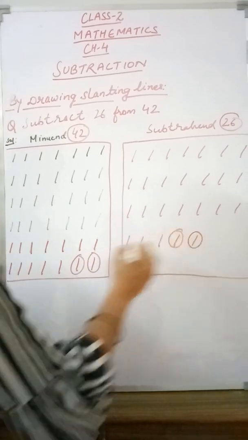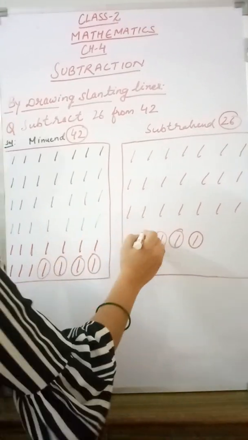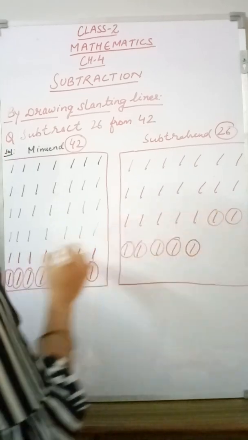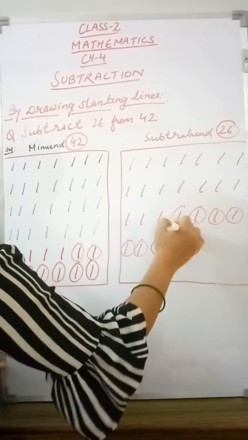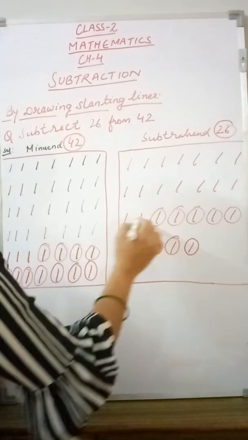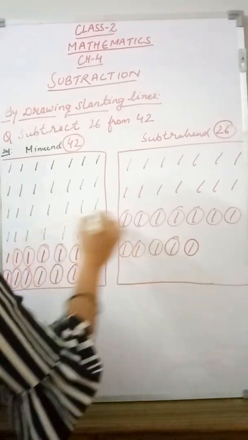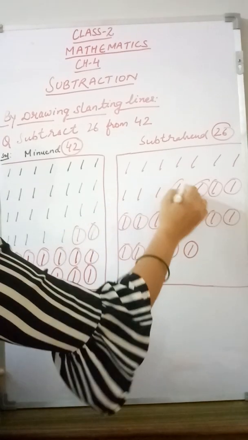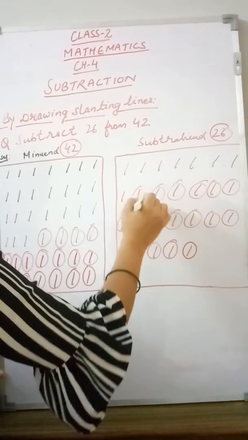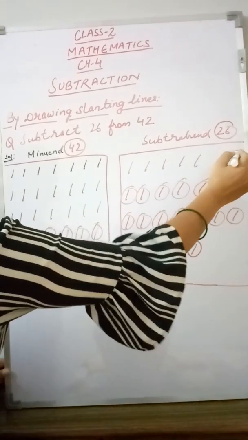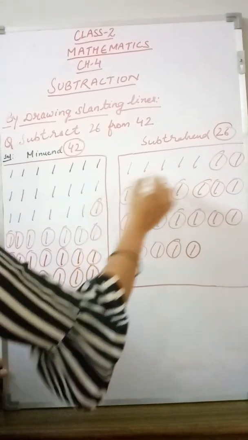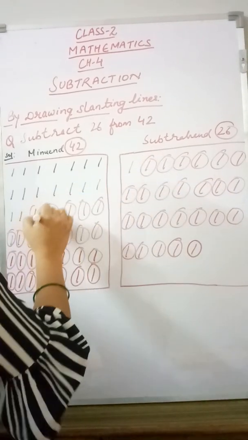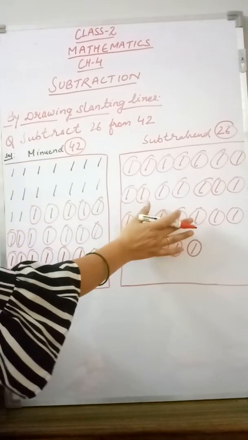Then 2, 3, 4, 5, 6, 7, 8, and so on up to 26. Now they are paired. Here are 26. Now 26 pairs are there.